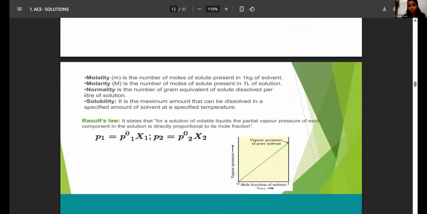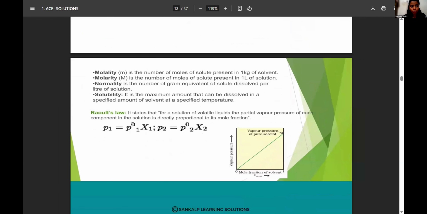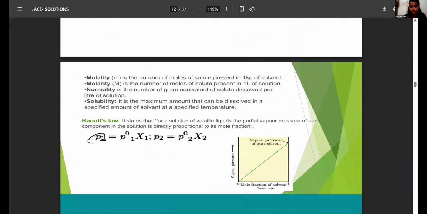What was P1? Vapor pressure of the first liquid. And P1 naught was the pure component's vapor pressure. The next one was its mole fraction. Similarly, you did for P2, X2. This is why I gave those explanations for what is P1, what is P2.